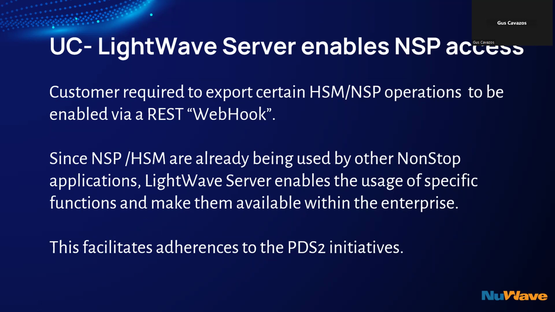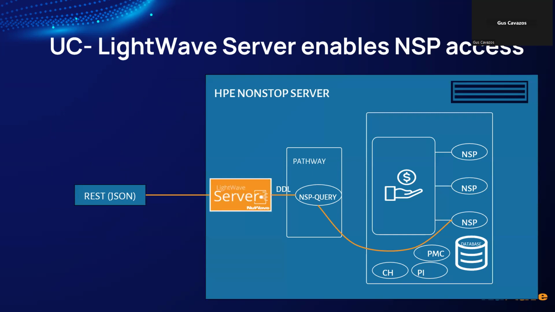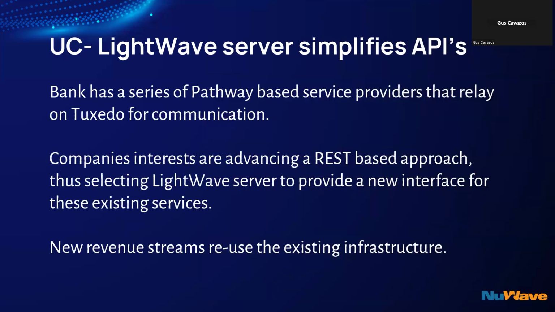And this facilitates, for example, the use of certain cryptographic checks, like checking CVV over REST for certain functions that the banks are exporting under these PSD2 initiatives. They created a Pathway, a small server that talks directly to the attached network security processes under the NonStop. And this facilitated the use. They don't have to build anything else. Everything is already there for them to use.